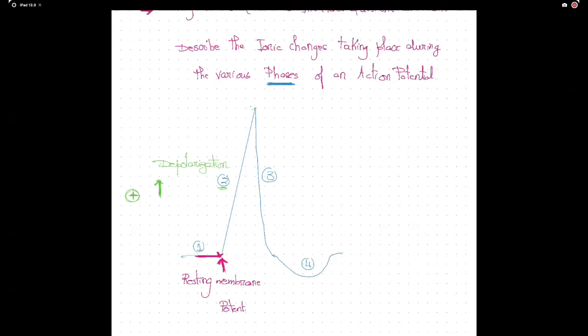So I did depolarize, I conducted the message, and now I want to be ready to conduct another message, so I need to return back to my resting membrane polarity. What do we call this phase during which the muscle or nerve cell returns back to the initial membrane polarity? What is the third phase of the action potential?